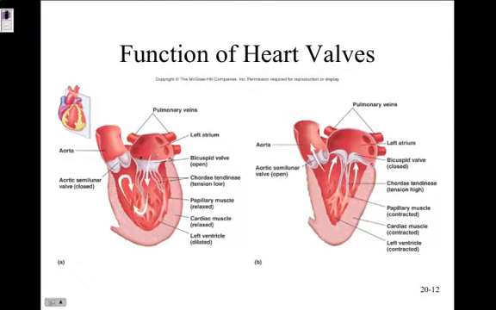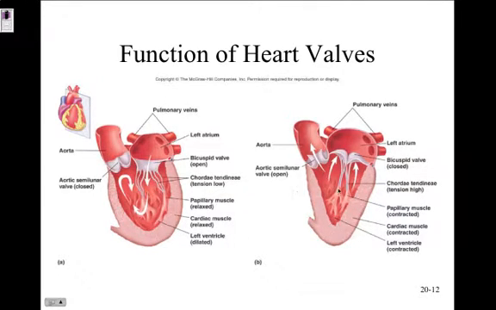It's receiving blood from the pulmonary veins, and then it goes through the aortic semilunar valve into the aorta. This is a sagittal view of just the left side, the left ventricle and left atrium. So the blood comes in from the pulmonary veins to the left atrium, goes through the bicuspid valve, and then is pushed out through the aortic semilunar valve into the aorta.